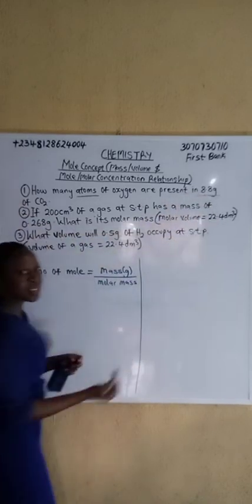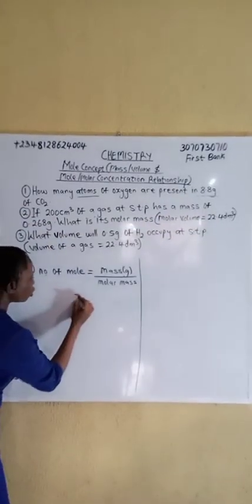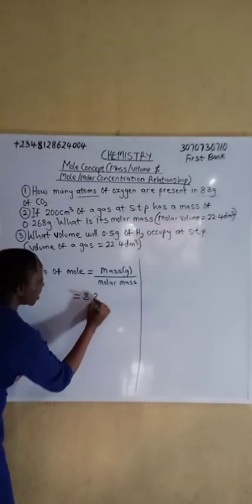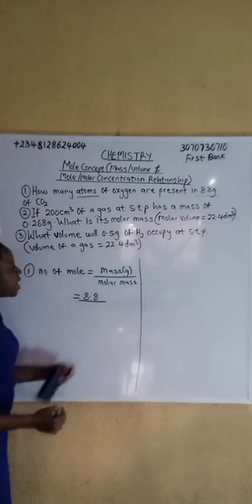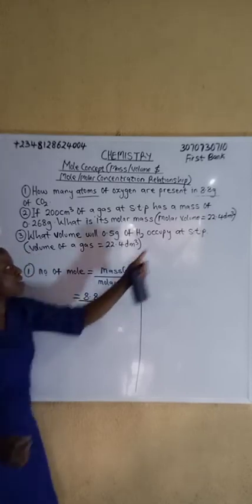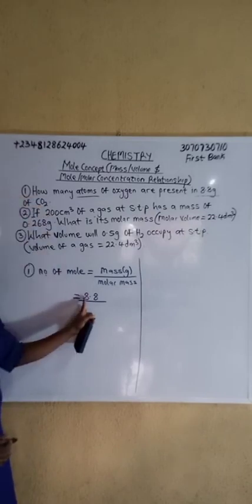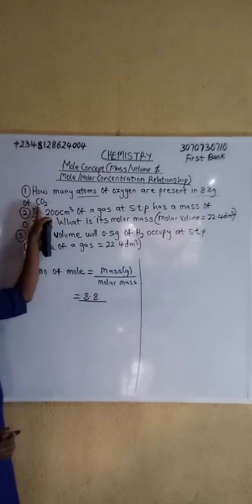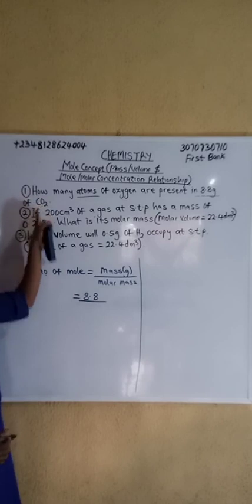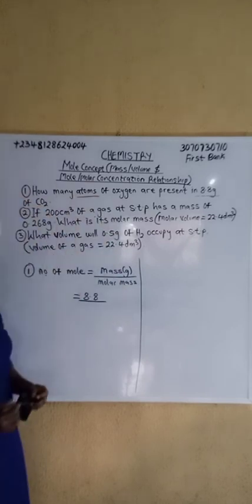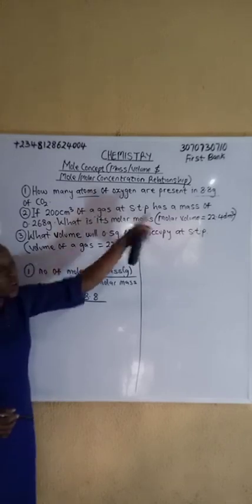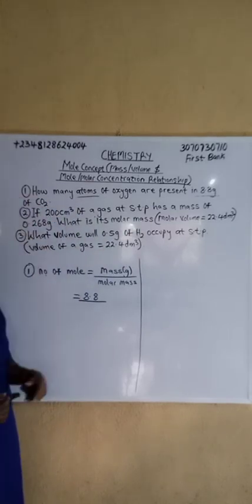That is 8.8 grams. So that will be equal to 8.8 grams divided by the molar mass. This 8.8 grams is for carbon 4 oxide, so you are going to need the molar mass of carbon 4 oxide, not that of oxygen.